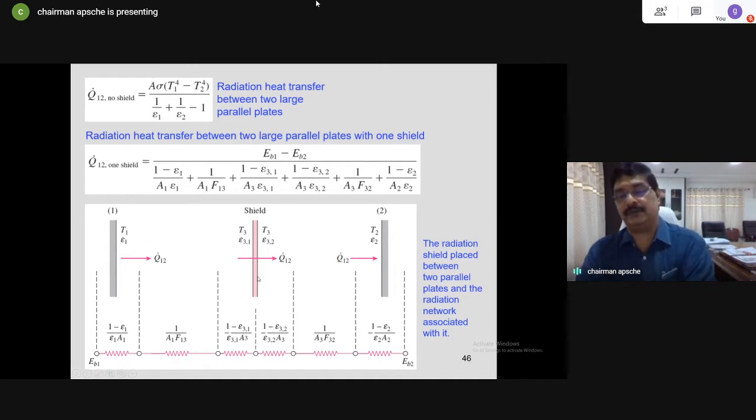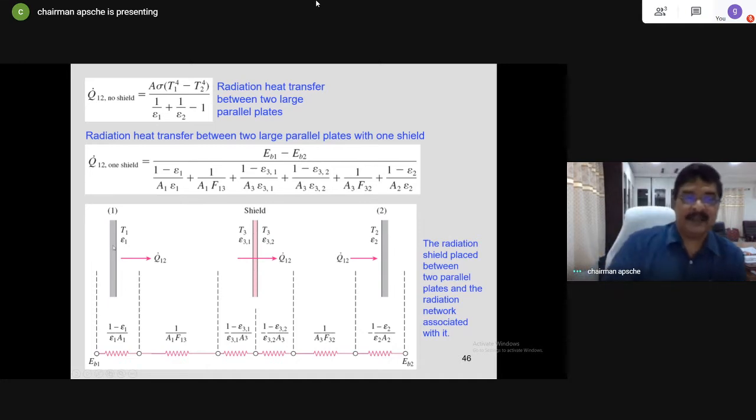So two new surface resistances come into the picture, one facing this surface, another facing this surface. Earlier, 1 was exchanging heat with 2 and 2 with 1. Now that you have introduced a new surface, 1 is exchanging with 3, 3 is exchanging back with 1, and on the other side of 3, 3 is exchanging with 2, and 2 with 3. So that's how it is.